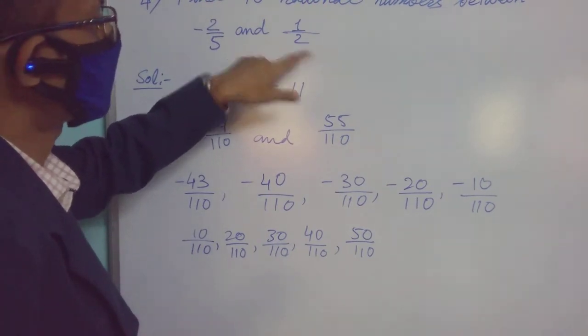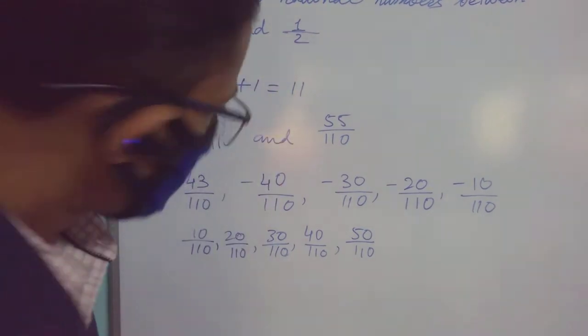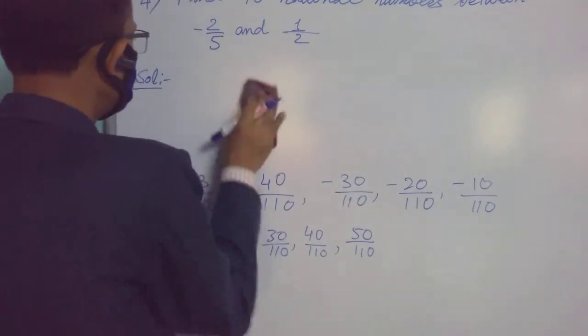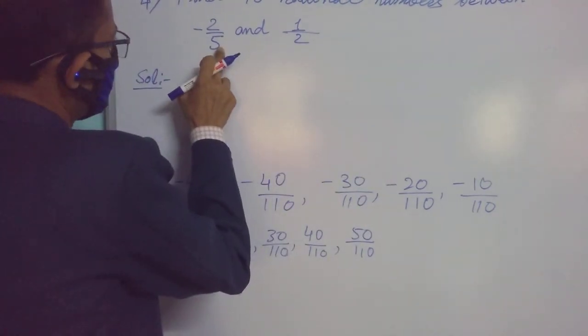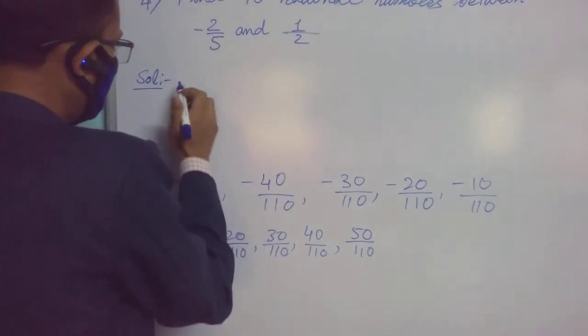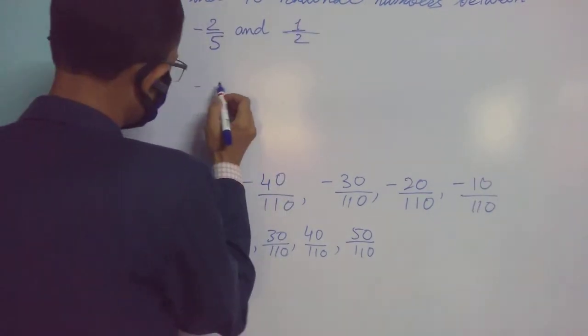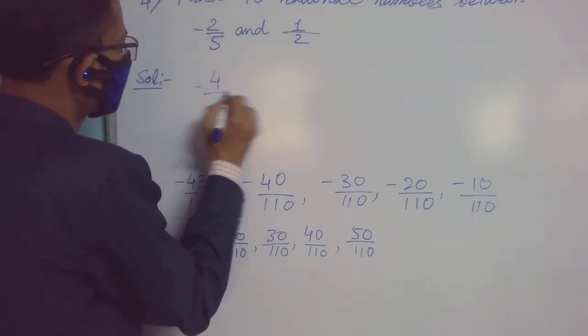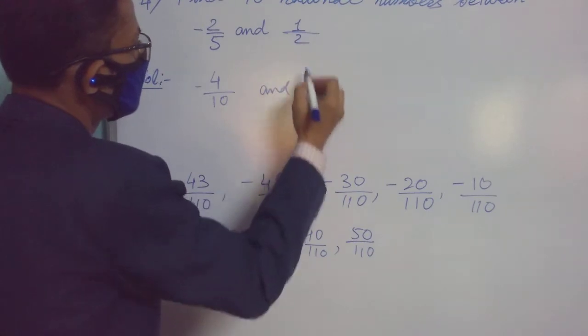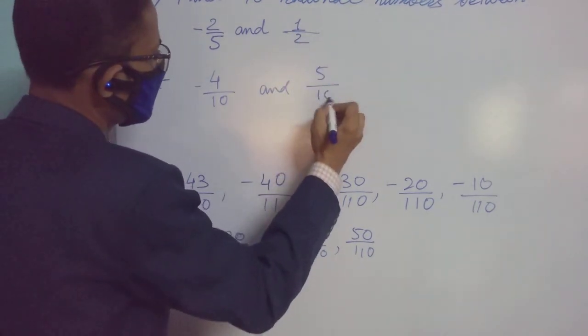You will get 10 rational numbers in between. If you make the denominators equal only, that means you have to multiply 2 with this denominator and numerator and 5 with this denominator and numerator. So it will become minus 4 by 10 and 5 by 10.